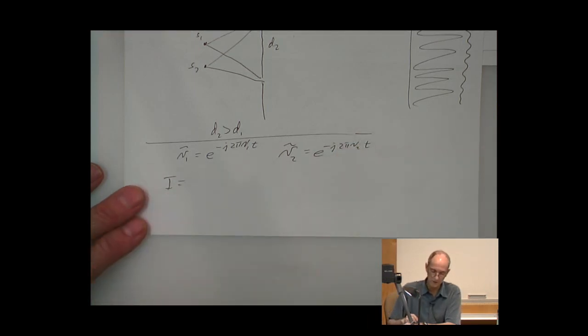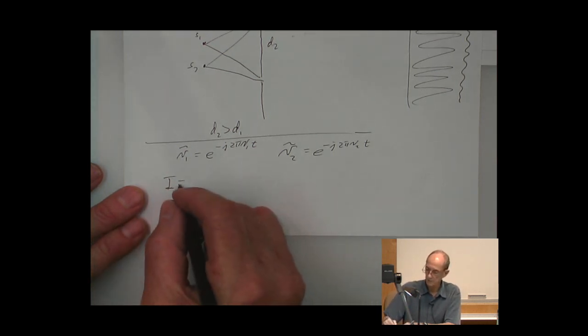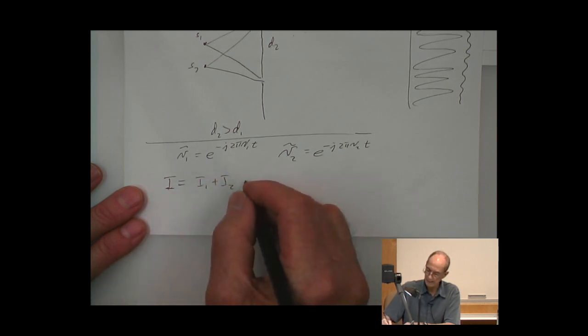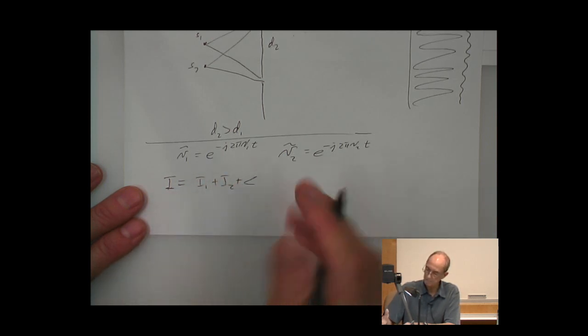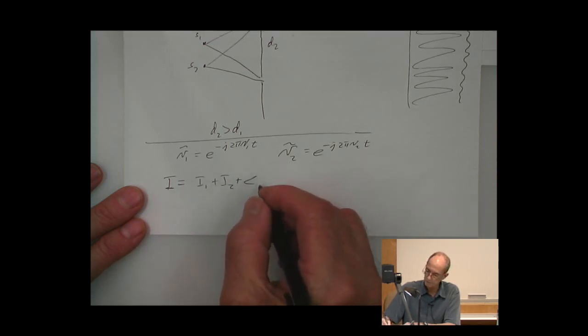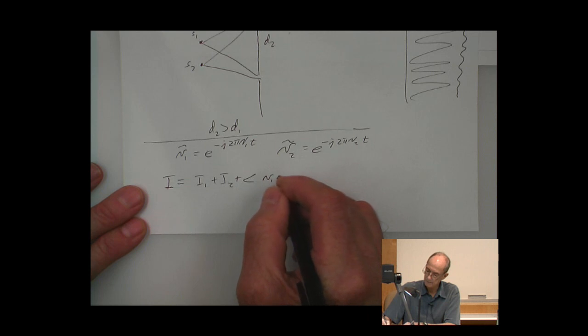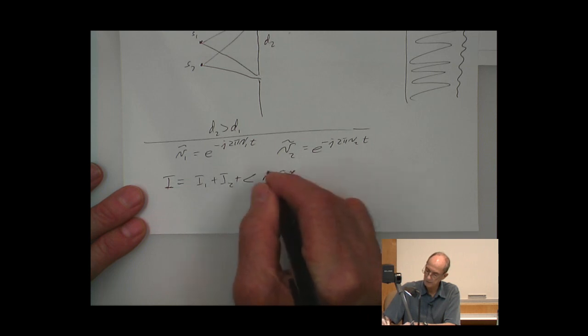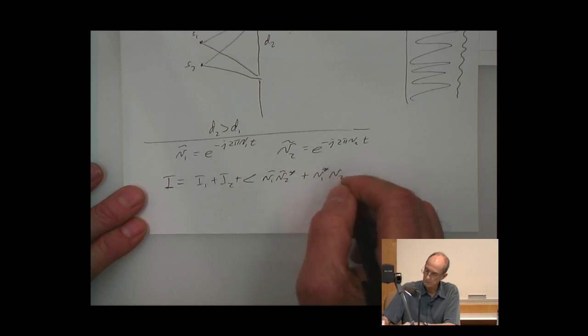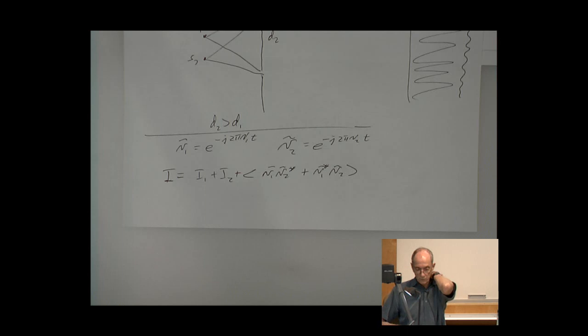Our intensity comes from a coherent summation of those. We end up with I1 plus I2, plus the time average of V1 V2 star plus V1 star V2, writing this out a little more formally.